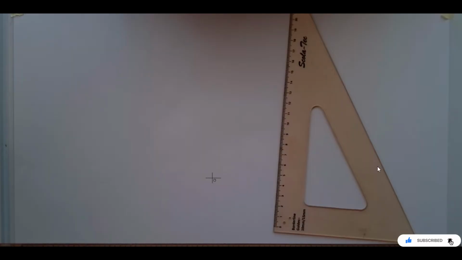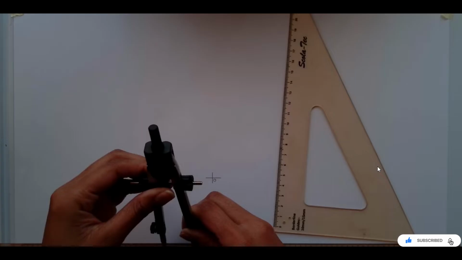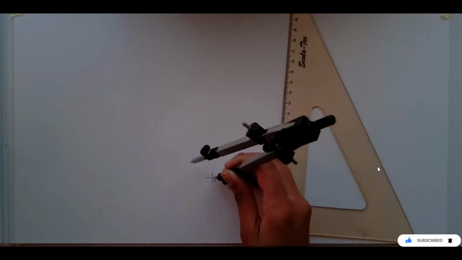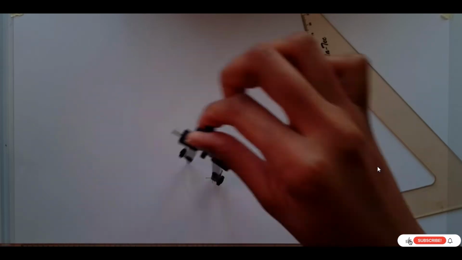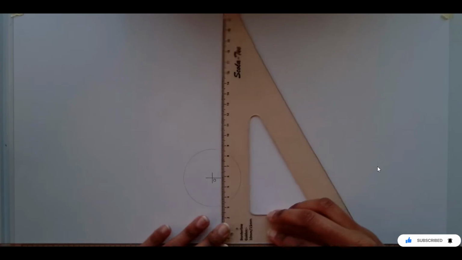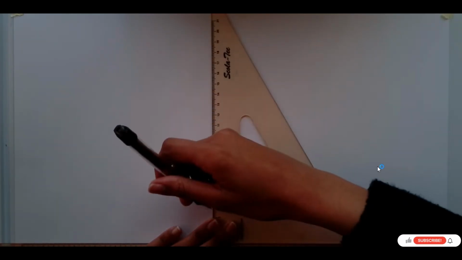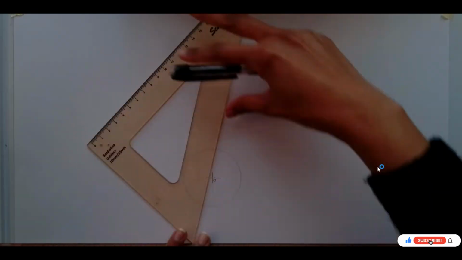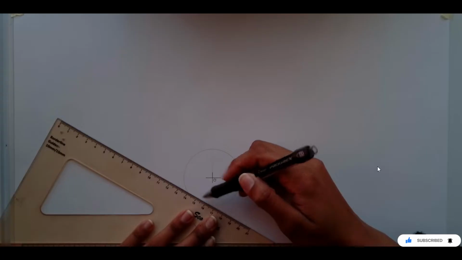So I'm going to start with the hexagon. It's 28, it is given. Just going to construct a circle here. And then in that circle, I use my 30-degree set square to draw my hexagon.